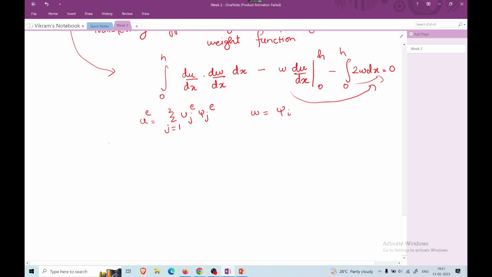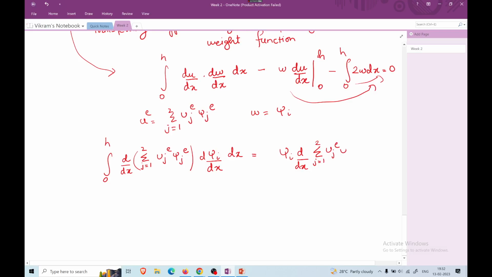So integral 0 to h of d by dx of summation j equal to 1 to 2 uj psi j, into d psi i by dx dx, is equal to psi i into d by dx of summation j equal to 1 to 2 uj psi j.